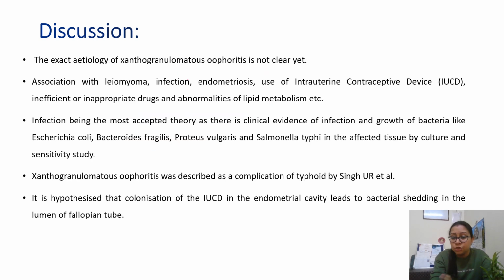Though the exact etiology of xanthogranulomatous oophoritis is not clear yet, there has been association with leiomyoma, infection, endometriosis, use of contraceptive devices, inappropriate drugs, or abnormalities of lipid metabolism. Infection also has been accepted as a theory which leads to this xanthogranulomatous inflammation, for example E. coli, Bacteroides fragilis, Proteus, Salmonella typhi.